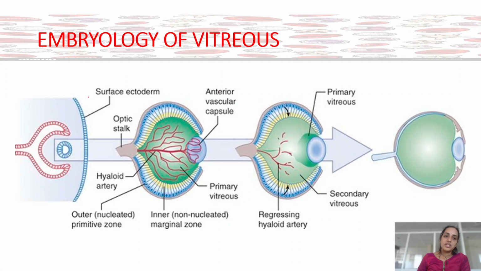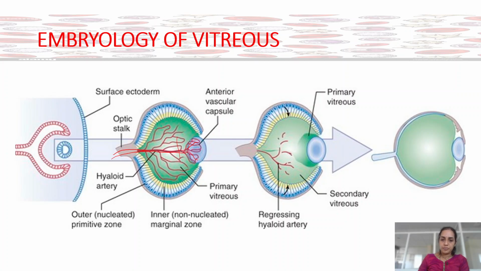So embryology of vitreous. When the eye develops, there is entry of the hyaloid artery through the optic stalk, which enters through the region of the optic nerve and then supplies the lens. So this is known as the primary vitreous, which is mesenchymal in origin and is full of blood vessels.